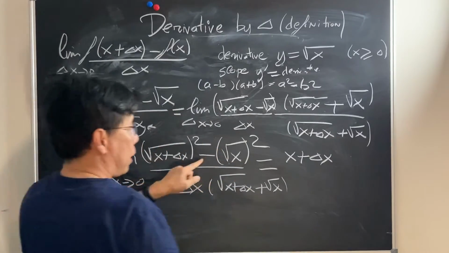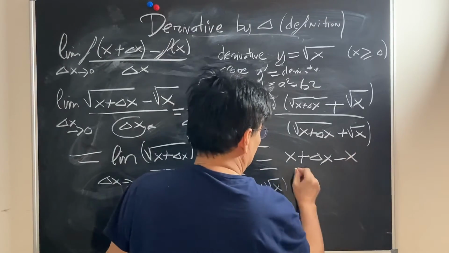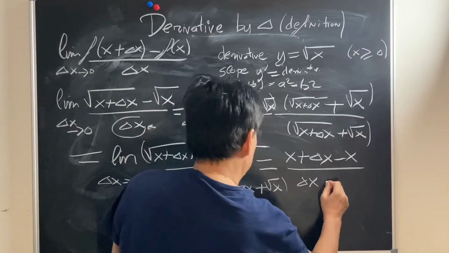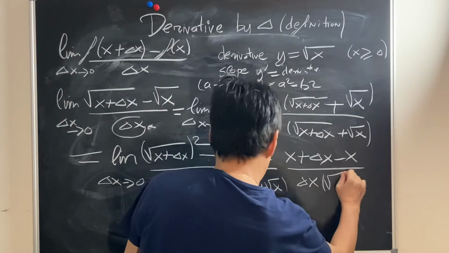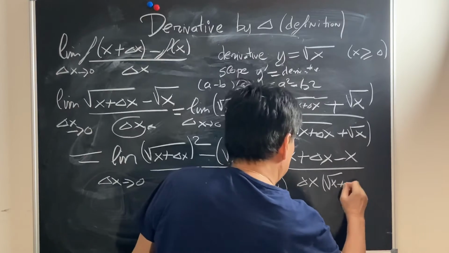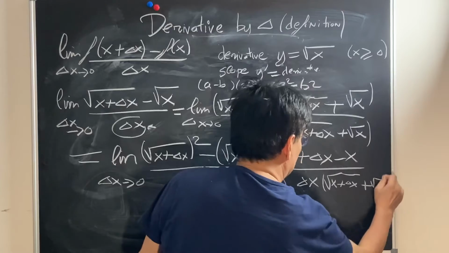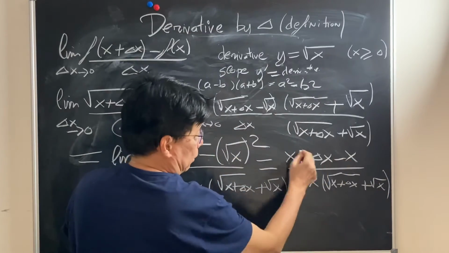With the minus sign it is minus x, over delta x times square root of x plus delta x plus square root of x.